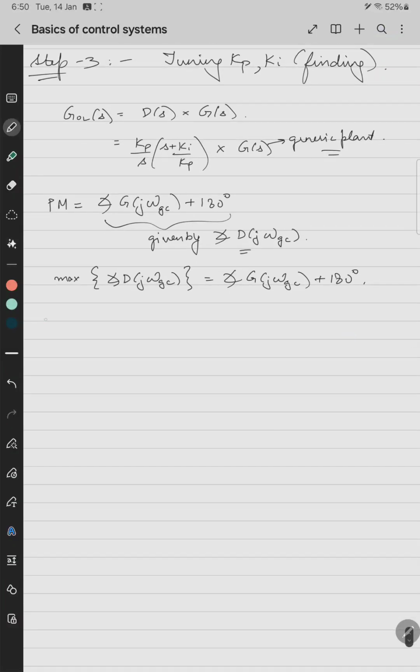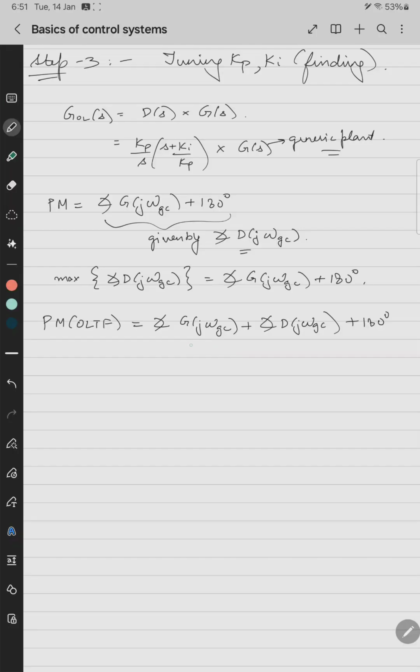Similarly, what is the phase margin for the OLTF? The phase margin for the OLTF is the angle of G at j omega gc plus angle of D at j omega gc plus 180 degree.